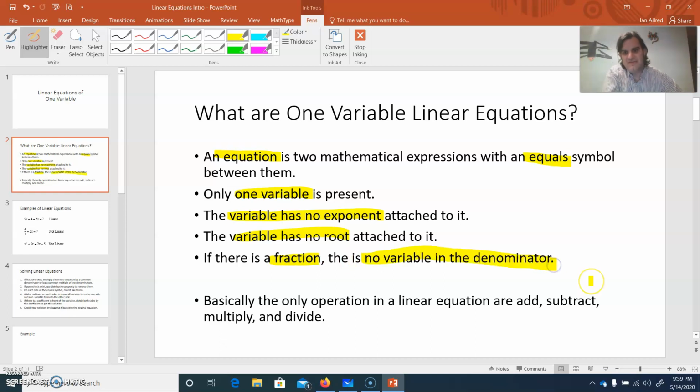It's not a problem to have a fraction, but the denominator has to be a number, not x, but maybe 5. So basically, you're going to see the operations add, subtract, multiply, and divide. You might see parentheses as well.